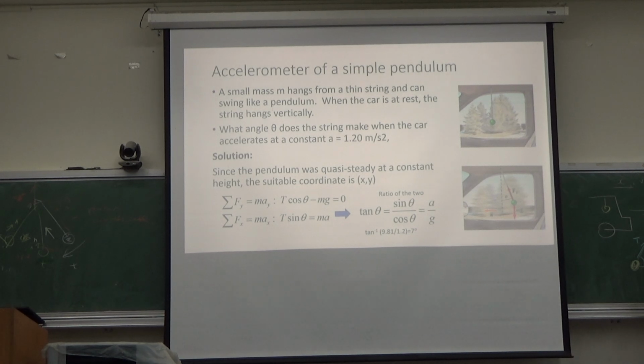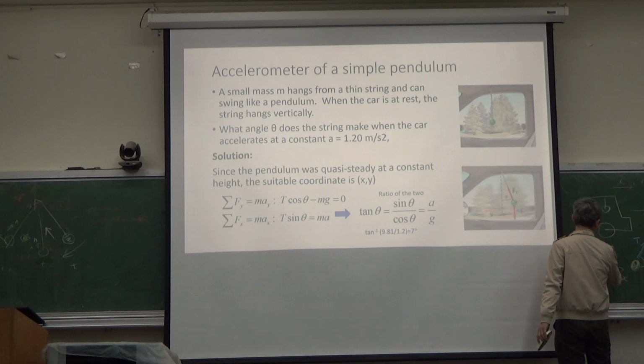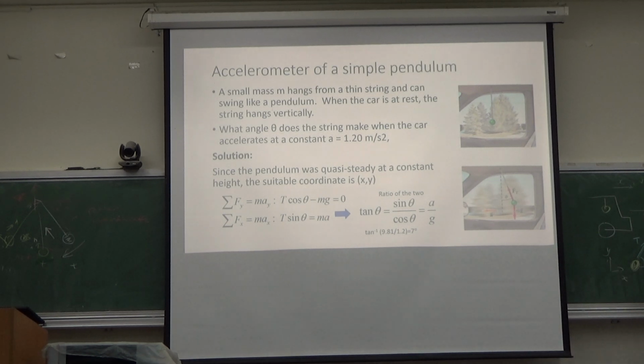Force summation Fy is equal to may. This is x, this is y, but because it's not jumping up and down, this is 0. And then next, summation Fx is equal to max. This is ma, non-zero. What is the horizontal force? You're going to have this T cosine theta equal to ma.